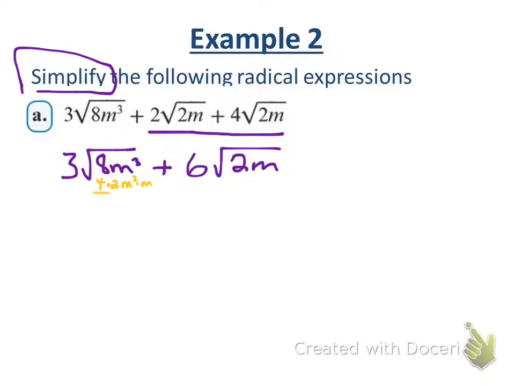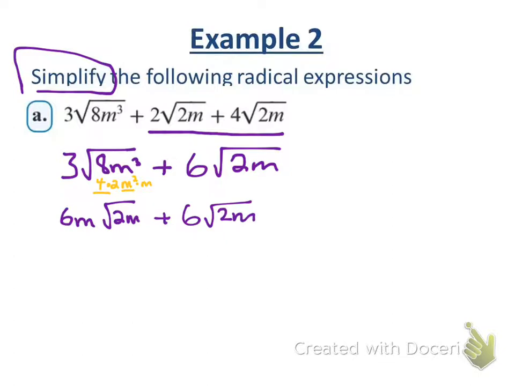And these perfect squares get to come out, right? So we can take the perfect squares out, and when they come out, they multiply by the 3, so that'll be 6m times the square root of 2m plus 6 times the square root of 2m.